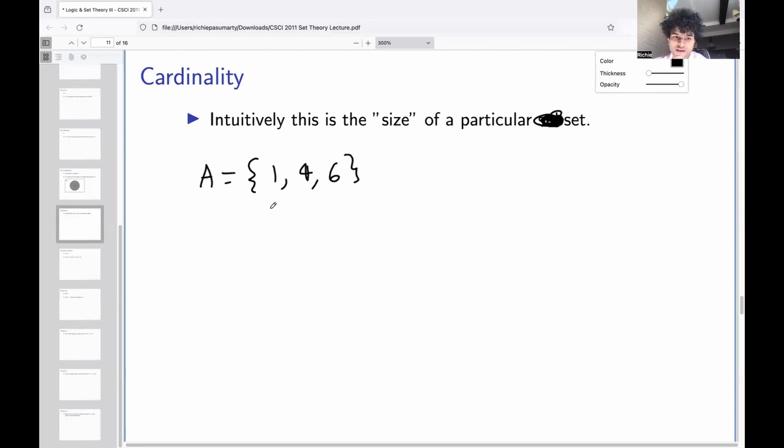As we can see, we can count out 3 elements in the set. So we say that the cardinality of A is equal to 3.